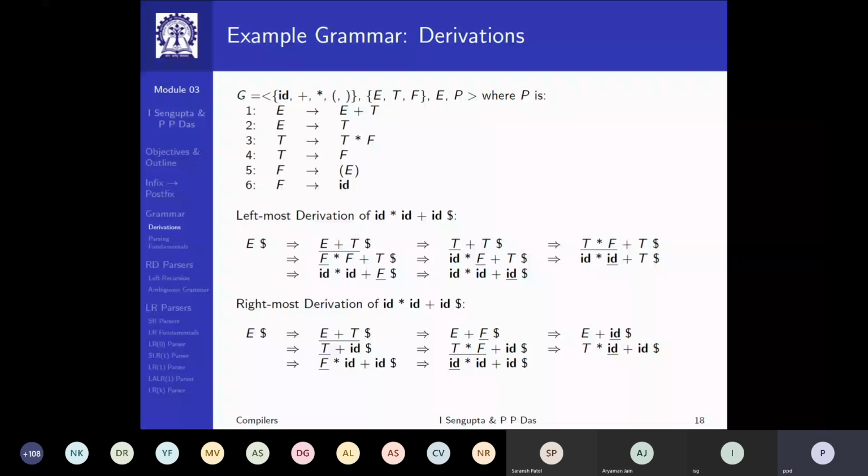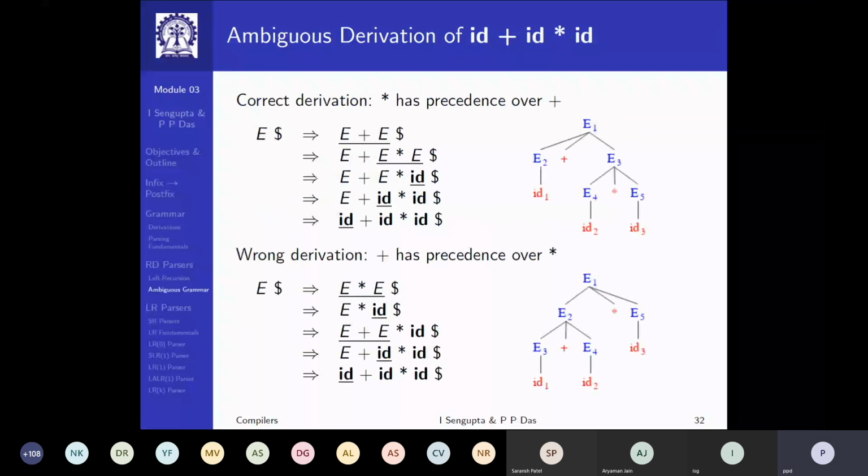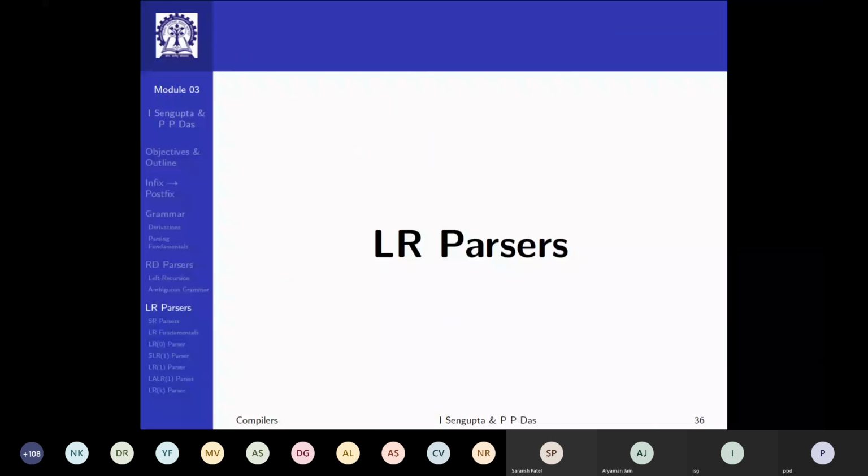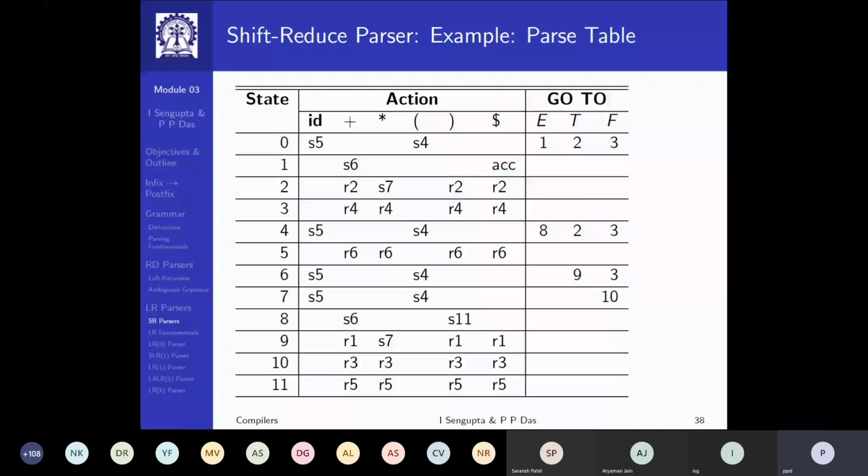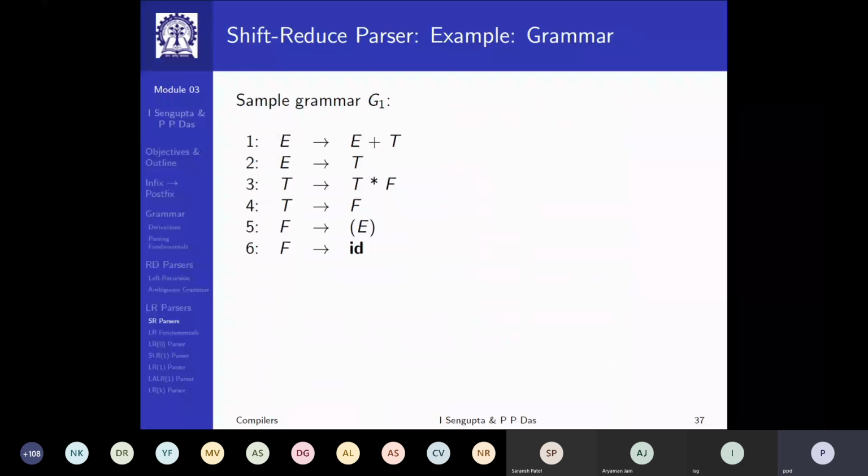Let's see how it spans out in the shift-reduce parser. Let's say here in state 2, if the input symbol is plus, then you are doing R2. What does that mean? It means that you will reduce by production rule 2. R2 is rule 2, reduce by 2.